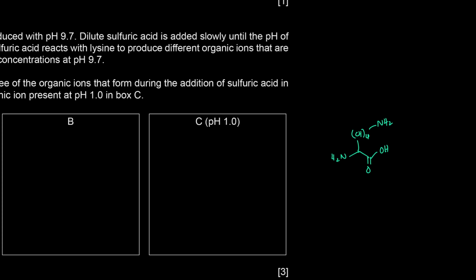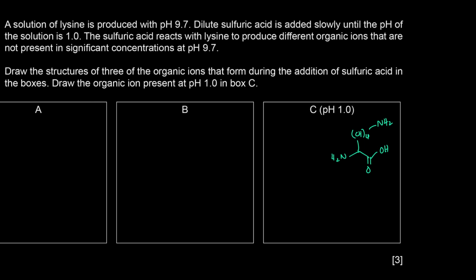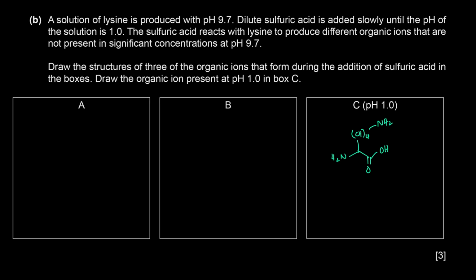Now the question here is this. When we talk about pH and the Zwitter ion, the lysine Zwitter ion looks like this. At 9.7, that's the isoelectric point, and the Zwitter ion will look like this. You'll have the transfer of a proton, and you'll have O minus here and NH3 plus here.